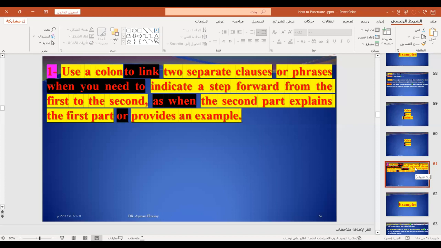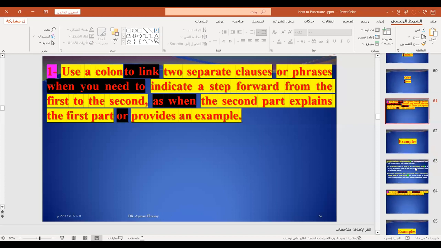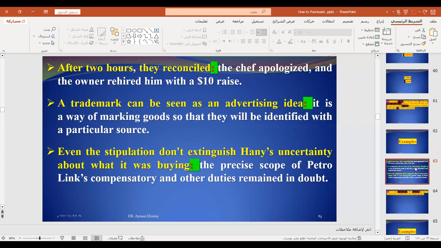Let us give an example. First example, when we want to write the following sentence: After 2 hours, they reconciled. That's a sentence or a phrase.